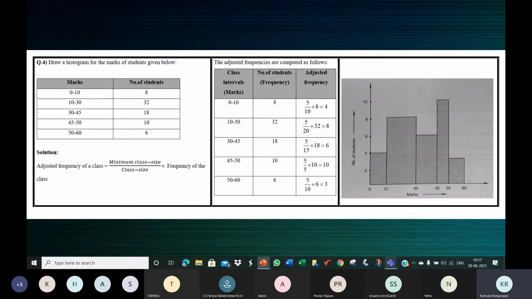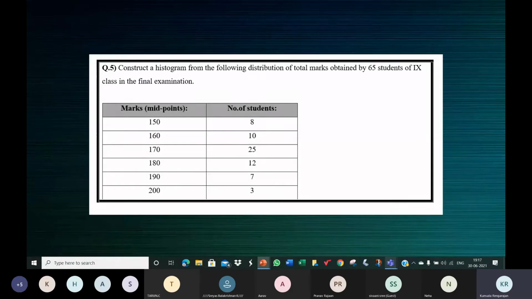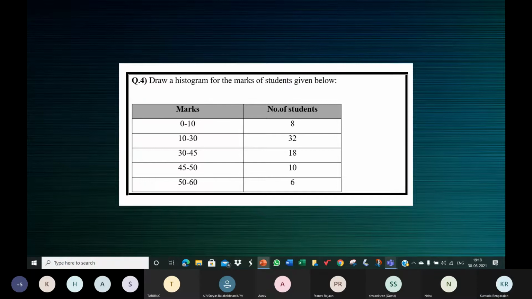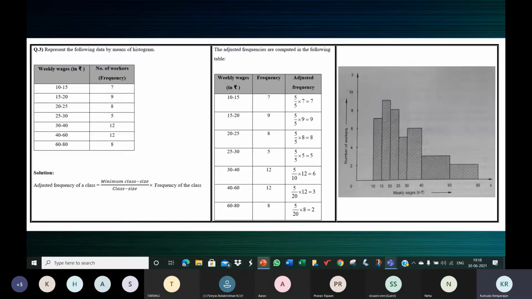Please take down this question, Neha, or maybe you can use this question as a reference to make the histogram. Just give it a try. Sorry, it's not this one. Neha, please take down question number 4. I'll show you question number 3 as a reference slide. Just try your best.